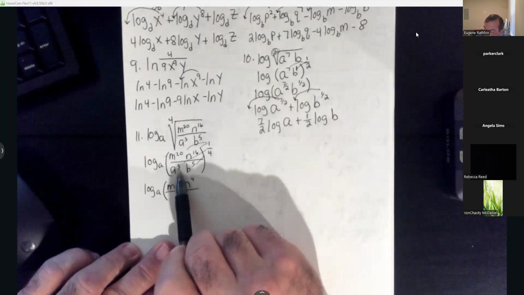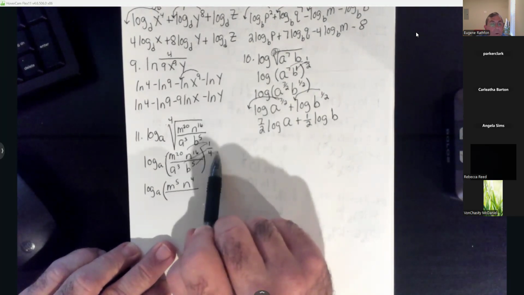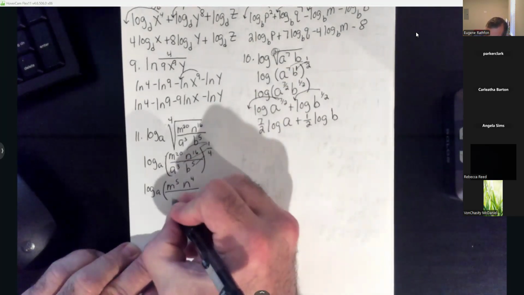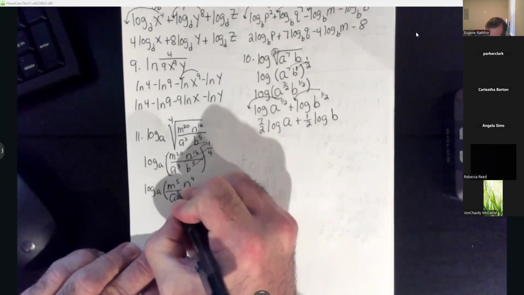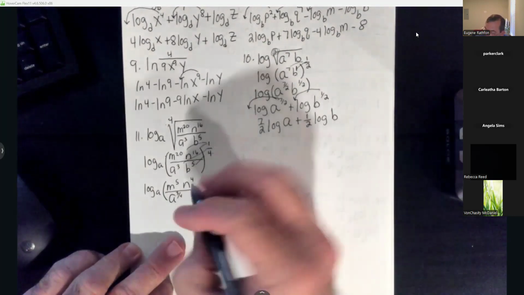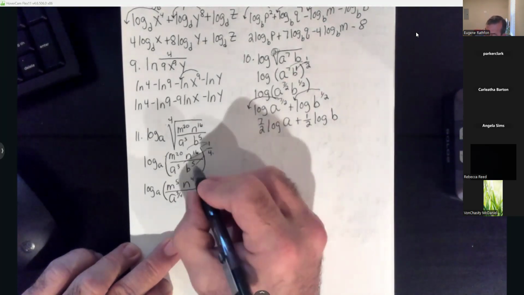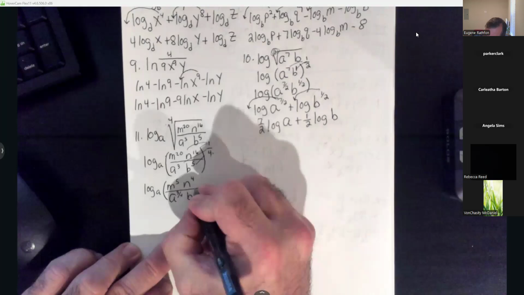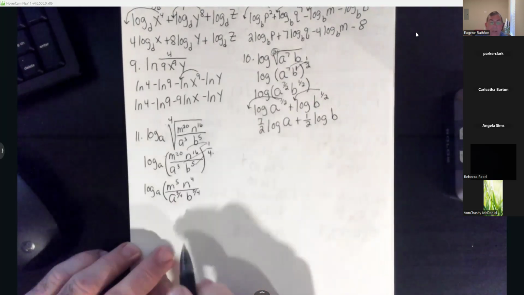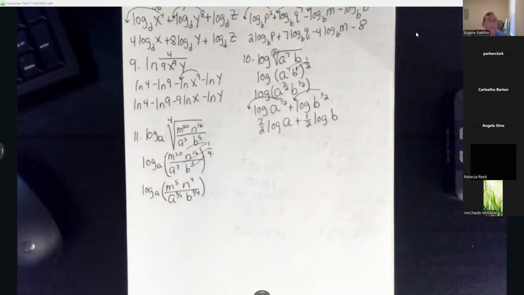For my A, 3 times 1/4 would be like 3 divided by 4, which I can't do anything with. So that's going to stay at A to the 3/4. And it's the same thing on the B. 5 times 1/4 is like 5 divided by 4. Can't do anything to that. So that'll stay 5/4. Alrighty.